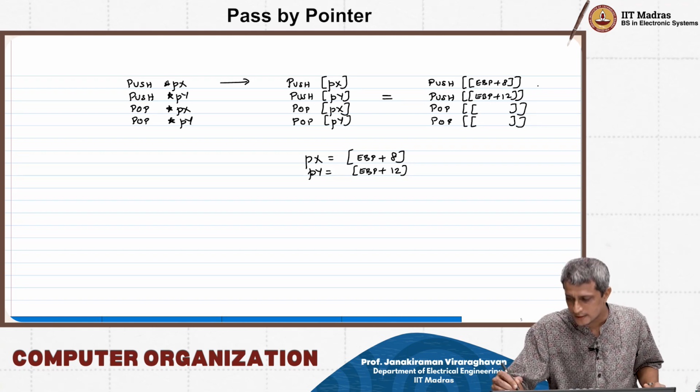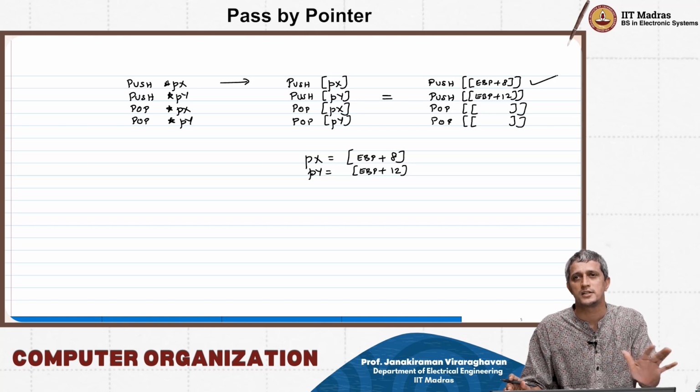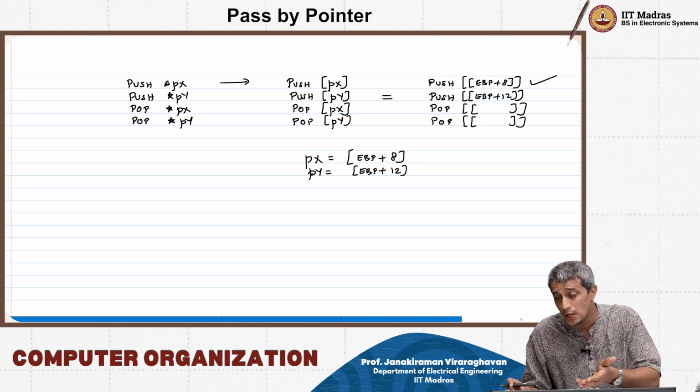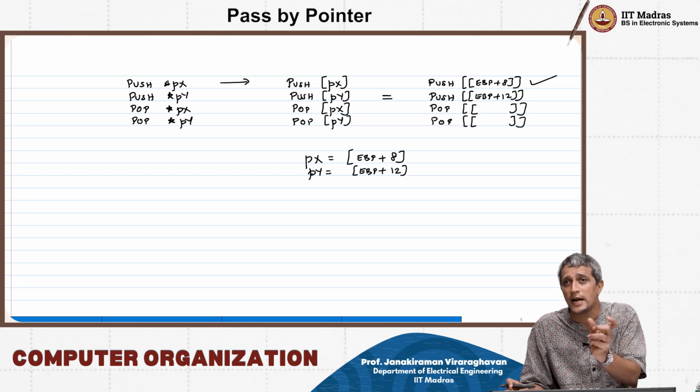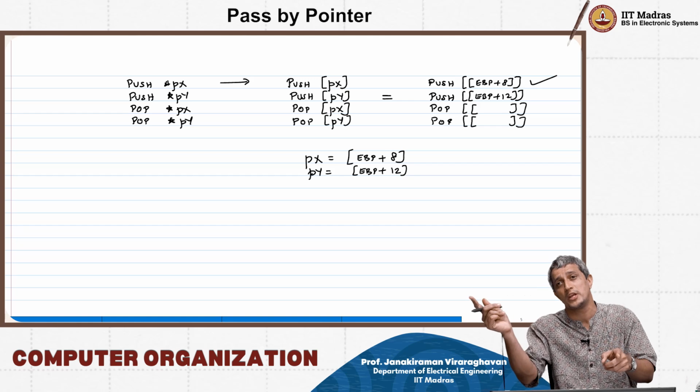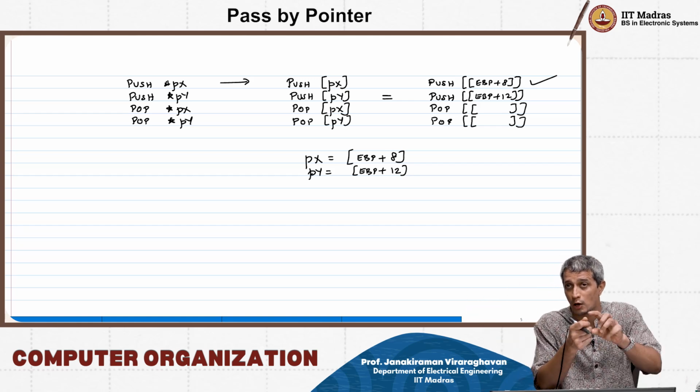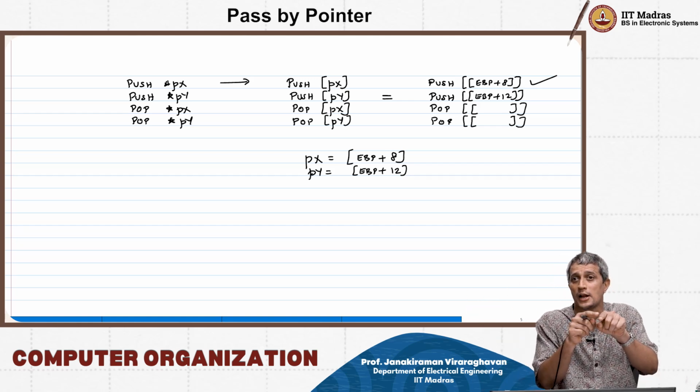Unfortunately, this kind of instruction does not exist in the microprocessor. What does this mean? It means take the value of the register EBP, add 8 to it, then use that as an address, go to memory, fetch that value. Now use this value as an address and again fetch.